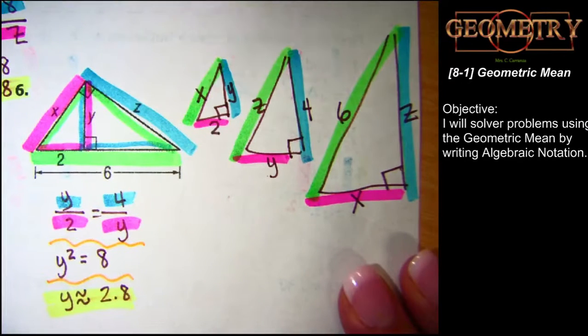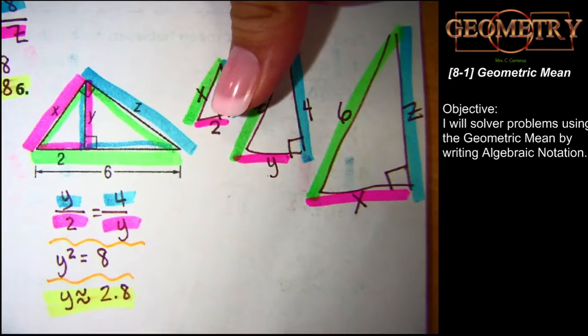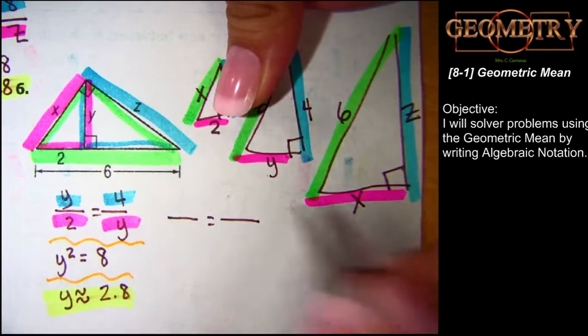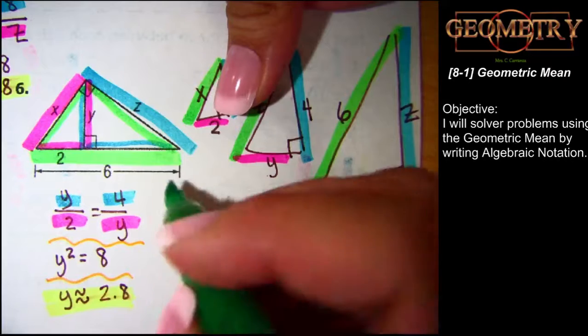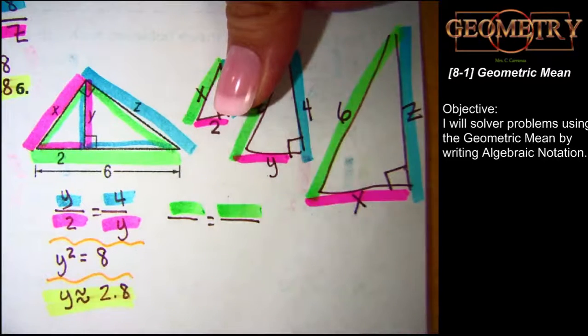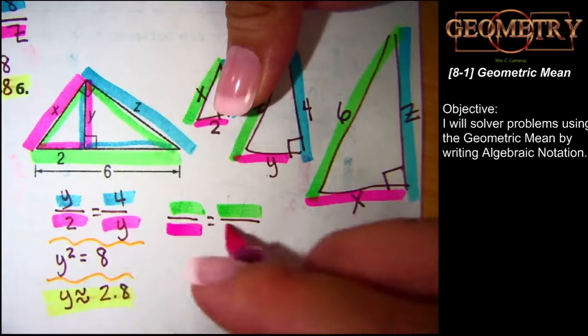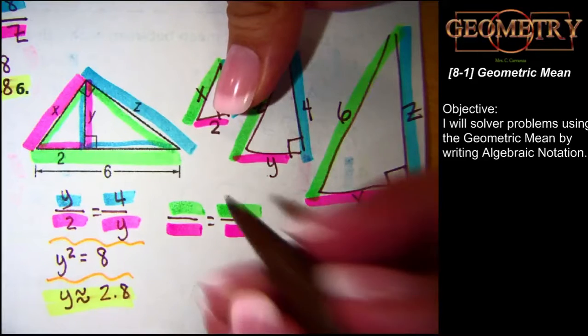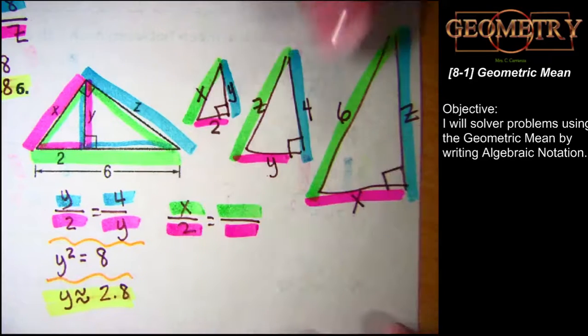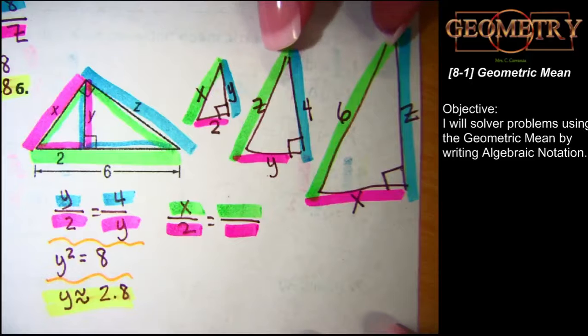All right. I can do X right here. X looks like it's going to be green and pink. All right, so this one. And which triangle? The mama triangle or the papa triangle?